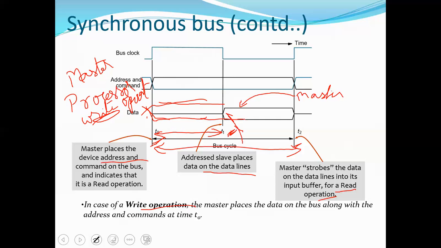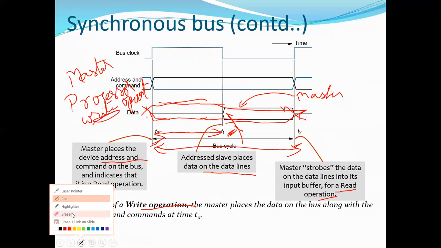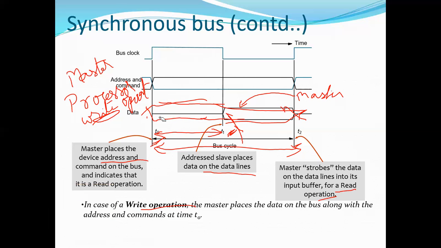So the reading operation takes place in the second half. So data will be there till the end. Okay, so in case of write operation, the data is put initially itself.